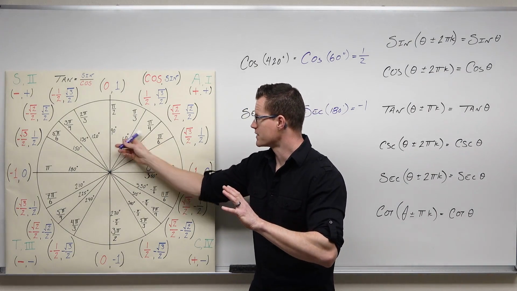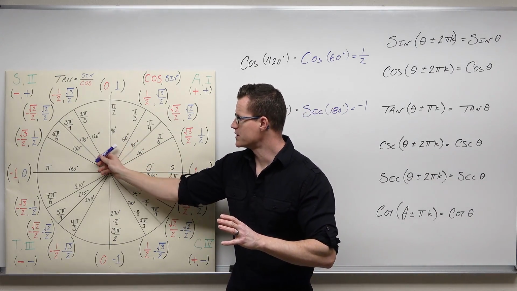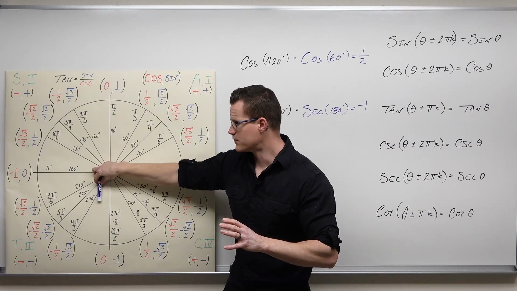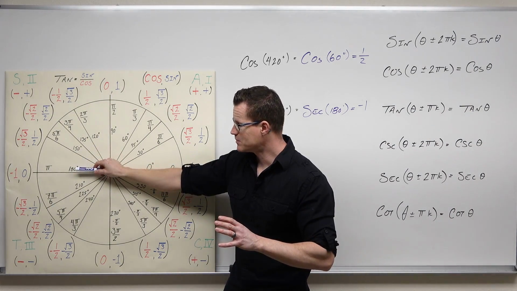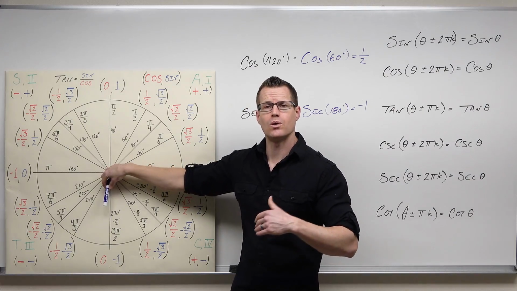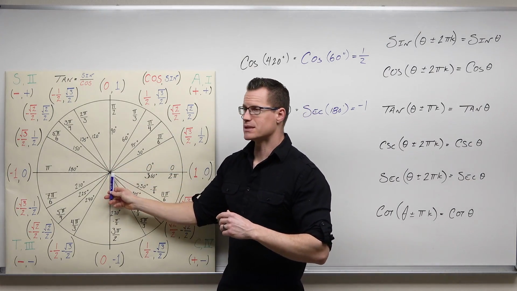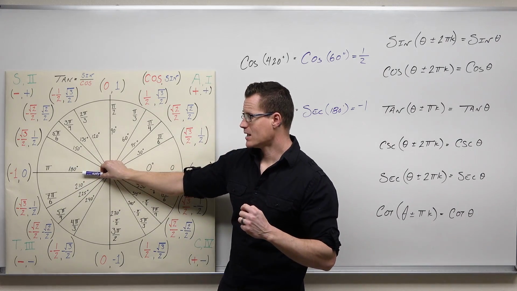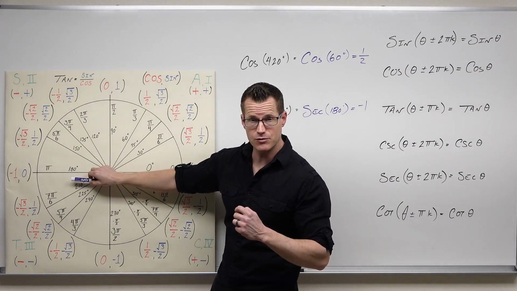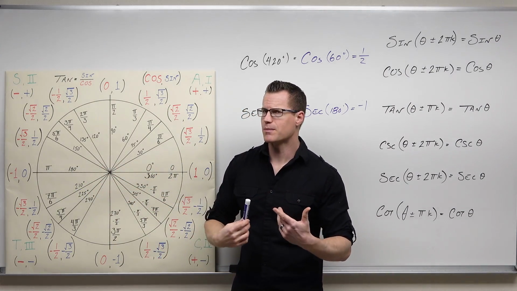Well, cosine's positive here, cosine's positive here, so these are the only two quadrants where cosine's negative. But tangent being positive says I'd have to be in quadrant 3. That's the only place where x's are negative, cosine's negative, but tangent is positive. Negative divided by negative would give you positive. You can think about things like that.